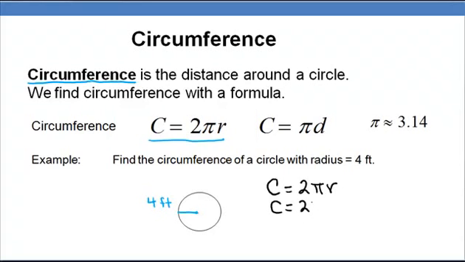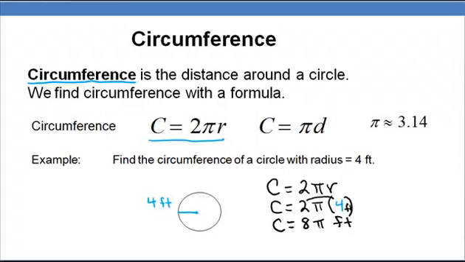Usually you leave the pi symbol until last because once you substitute it, then it's an approximation. It's no longer exact. Also, you can go ahead and multiply your whole numbers here. 2 times 4 is 8. It is still exact if you do that. So that is an exact answer.